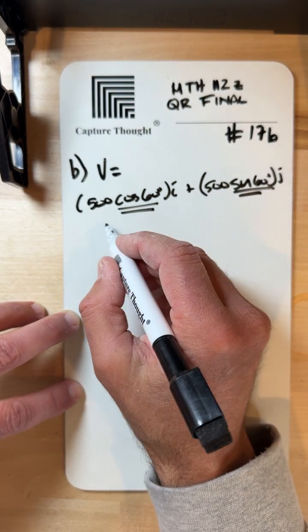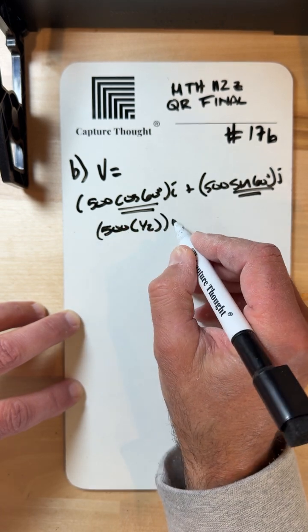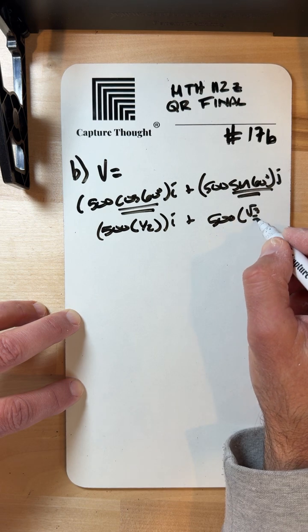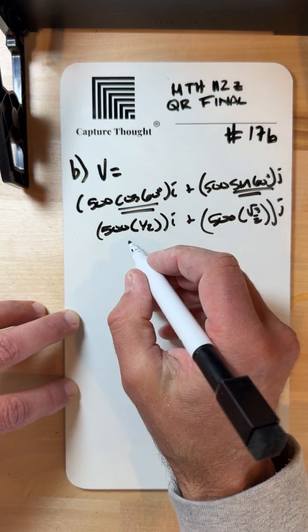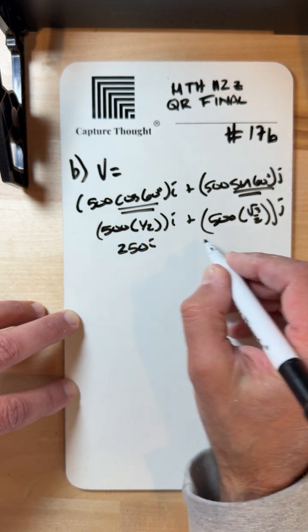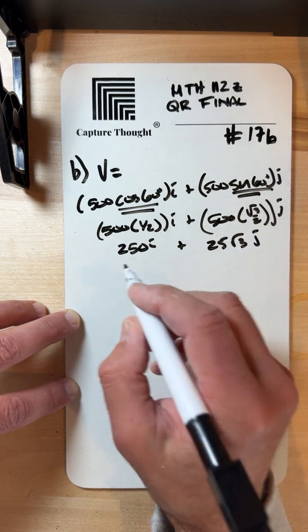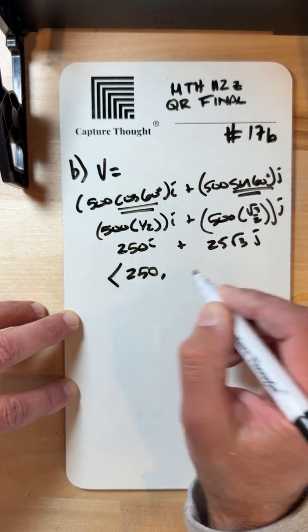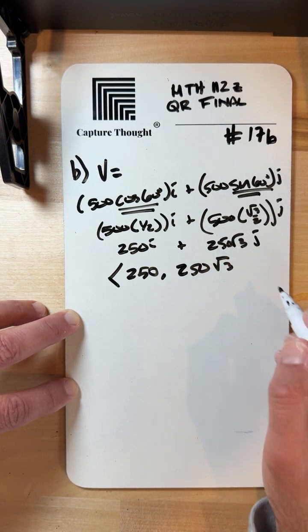Cosine 60 is a half, so I have 500 times a half in the I component, and then 500 times root 3 over 2 in the J component. Now this is 250 I, and this is 250 root 3 J. So in component form, let's just call that 250 comma 250 root 3. There's a 0 there.